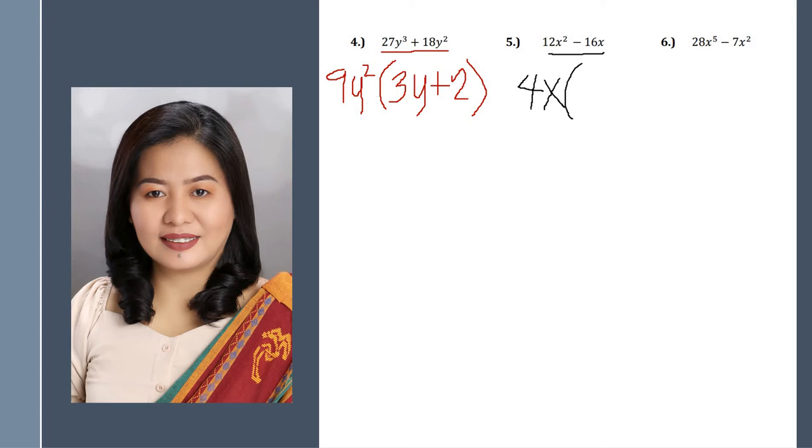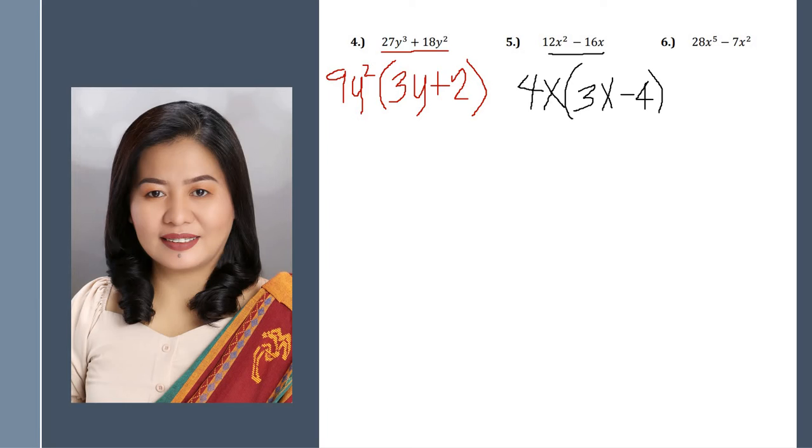That would be 12x squared divided by 4x is 3x, minus 16x divided by 4x is 4. So our factored form for 12x squared minus 16x is 4x times the quantity 3x minus 4.